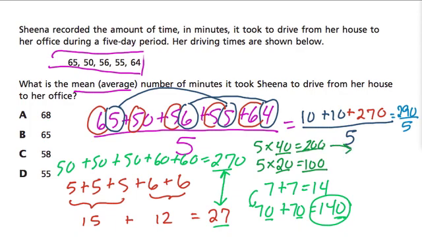So I want to get to 300. And the reason is because 290 is very close to 300. So what does this mean? Well, every time I multiply 5 by 20, I get 100. So if I want to get 300, I should multiply 5 by 60. 60 is 3 20s. And that means 5 times 60 is 300. Now 290 is only 10 away from 300. 290 plus 10 is 300.